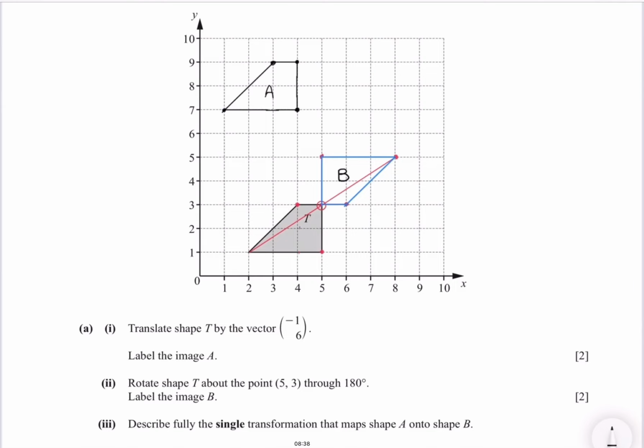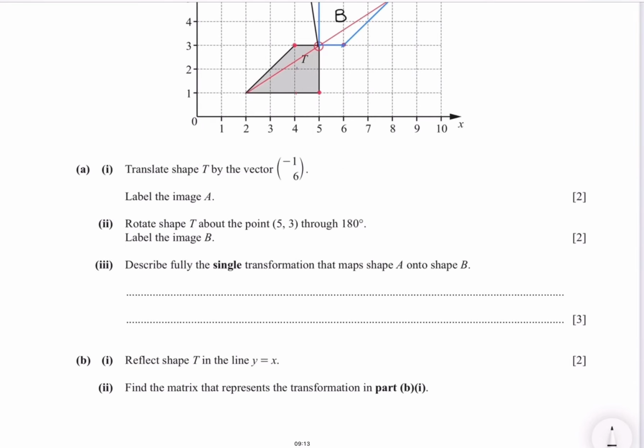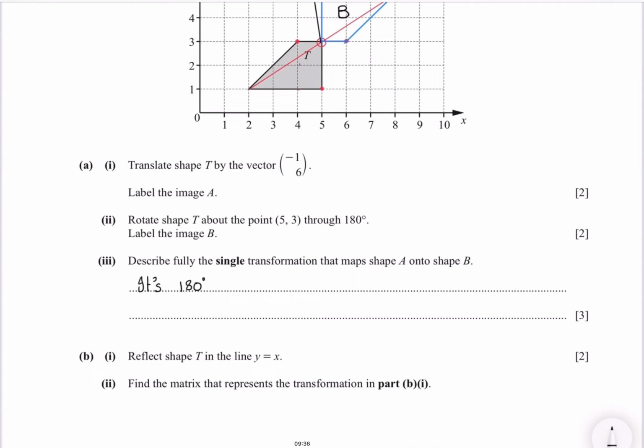So you join two corresponding vertices, and where they cross each other, that would be your center of rotation. And this is 4.5. So you can write it's a 180 degree rotation and the center of rotation is 4.5, 6.